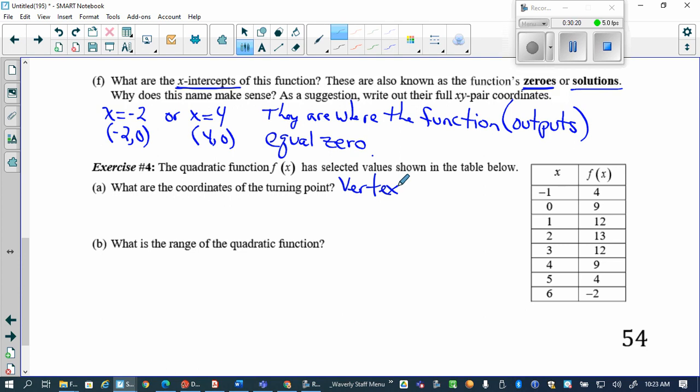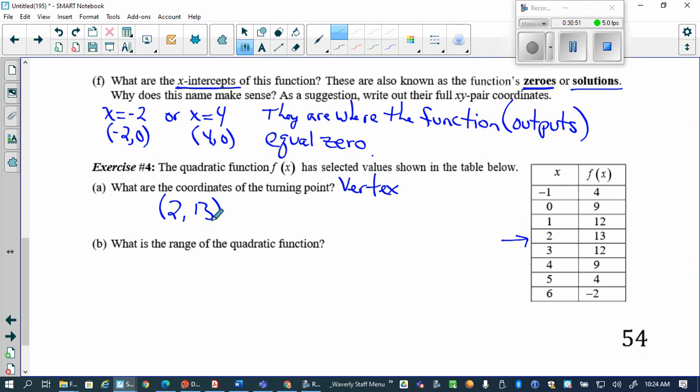This graph goes like this, and it repeats, but facing down, concave down. So what would be the coordinates of the turning point? Where's the turning point here? At 2, right here. So the coordinates of our turning point are 2, 13. That's where it switches from increasing to decreasing or vice versa.